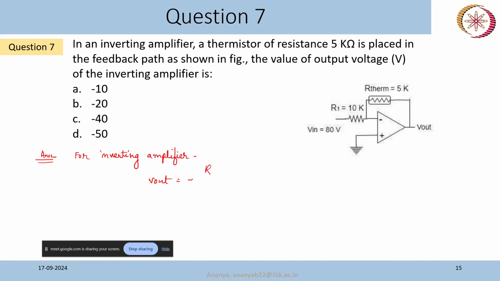So in this case, that will be R thermistor by R1 into V in. So this is minus 5k by 10k into 80. So this is minus 40 volt. So the answer is C.